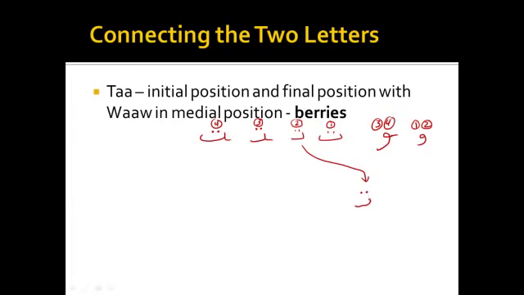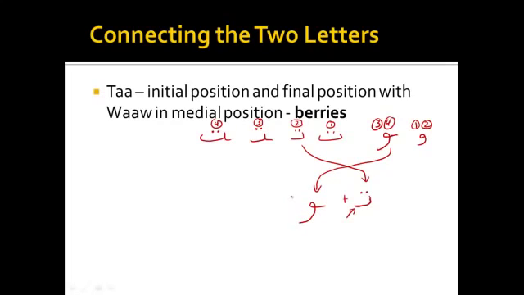Why did we choose the initial position? Because it's going to connect to a letter that comes after it. Okay, and then we have here the wow. Now we say toot, we hear that ooh sound, and that's going to connect to this ta here. So we need to connect from the right.